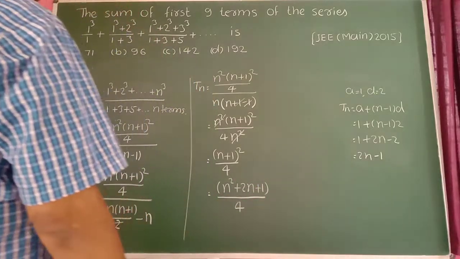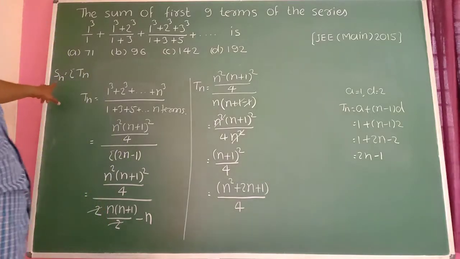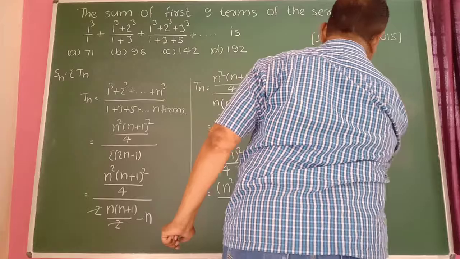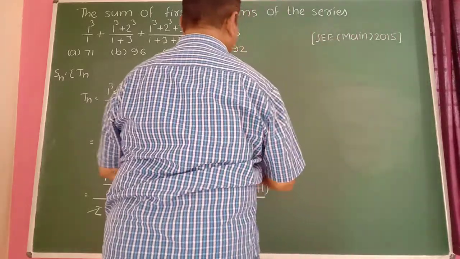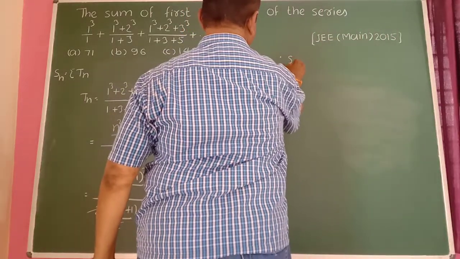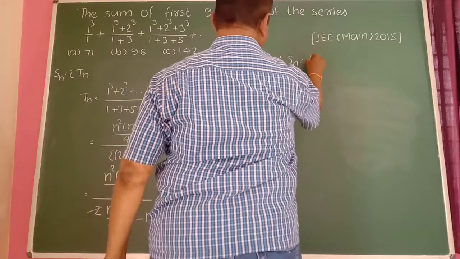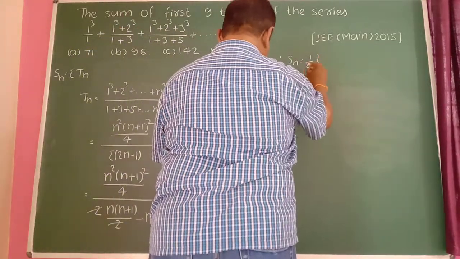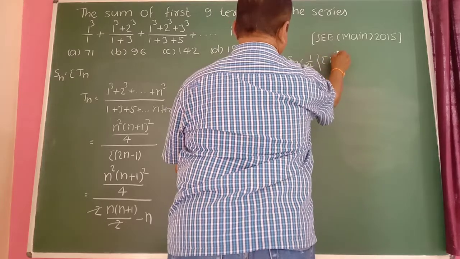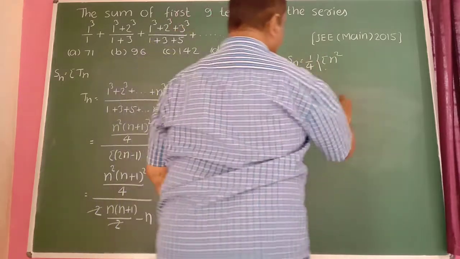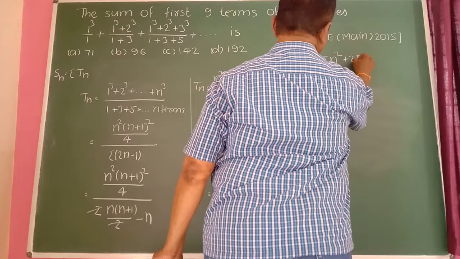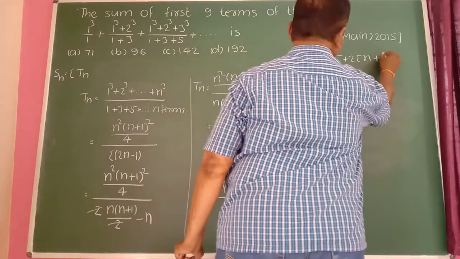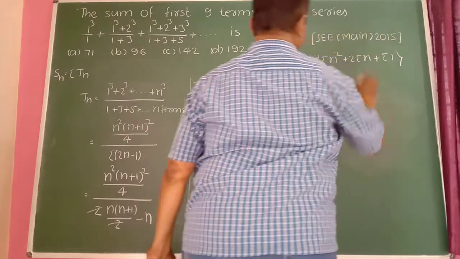Therefore Sn is equal to the summation of Tn. So we can use that result here. So Sn is equal to 1 by 4, which is a constant, then the summation of n square plus 2 into the summation of n plus the summation of 1.